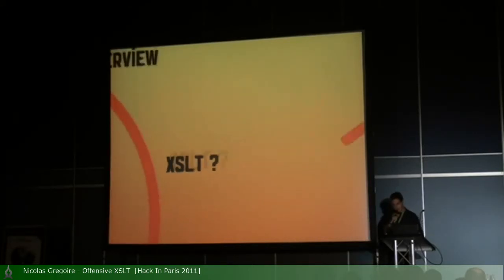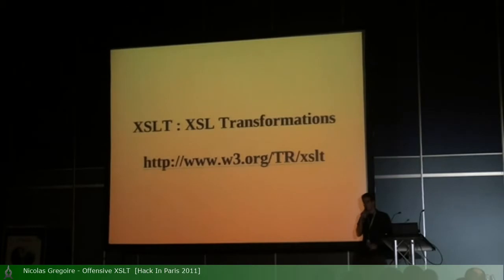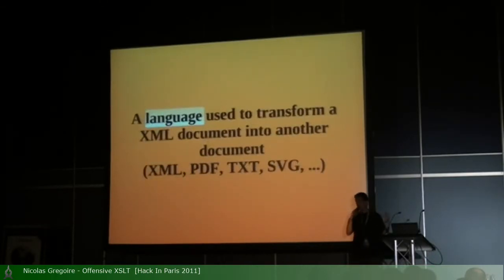So XSLT. It's a W3C standard, which is at this URL. It is used to transform an XML document into another document, which could be XML or not. So you can produce a document like PDF, SVG, text, whatever.